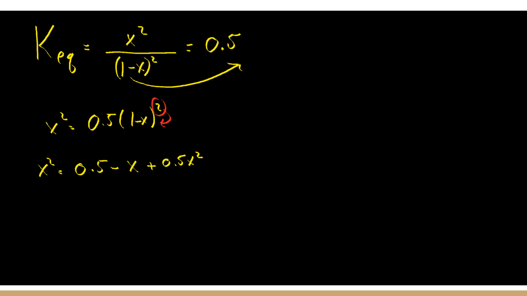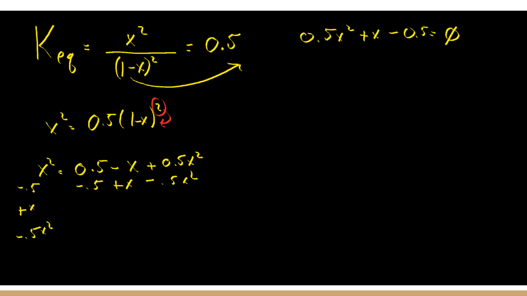So what you have to do then is you bring everything over to one side. That means you subtract 0.5 from both sides, you add x to both sides, you subtract 0.5x squared from both sides. And over here, up top on the right, you'll see that gives you 0.5x squared plus x minus 0.5 equals 0. And that is what we are going to be plugging into the quadratic formula here.